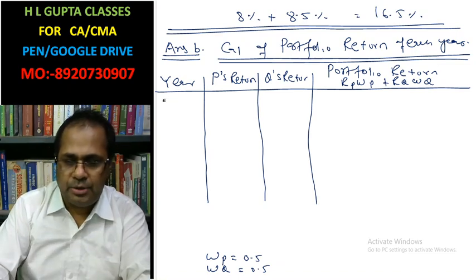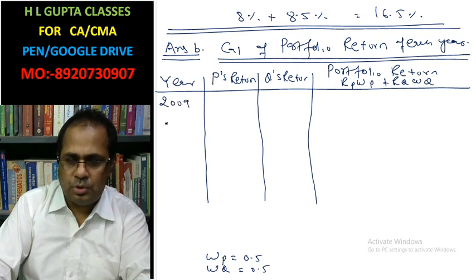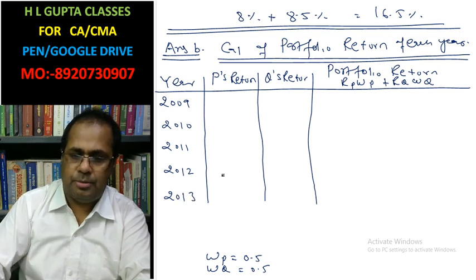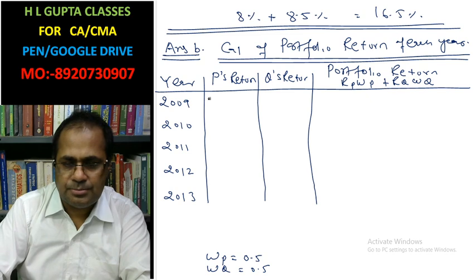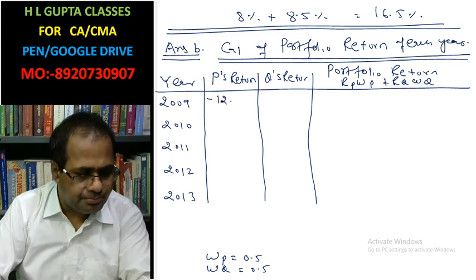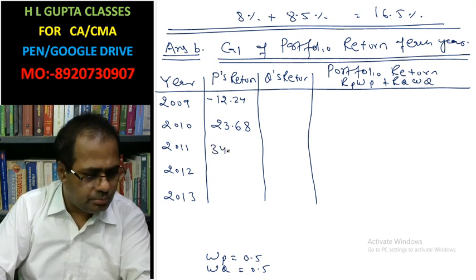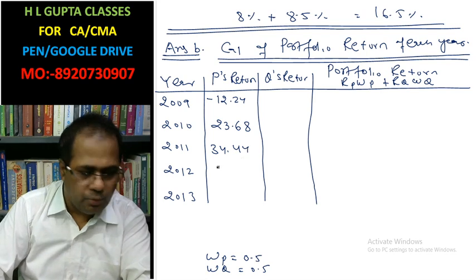Years 2009, 2010, 2011, 2012, 2013. P's returns: minus 12.24, 23.68, 34.44, 5.82, 28.30.